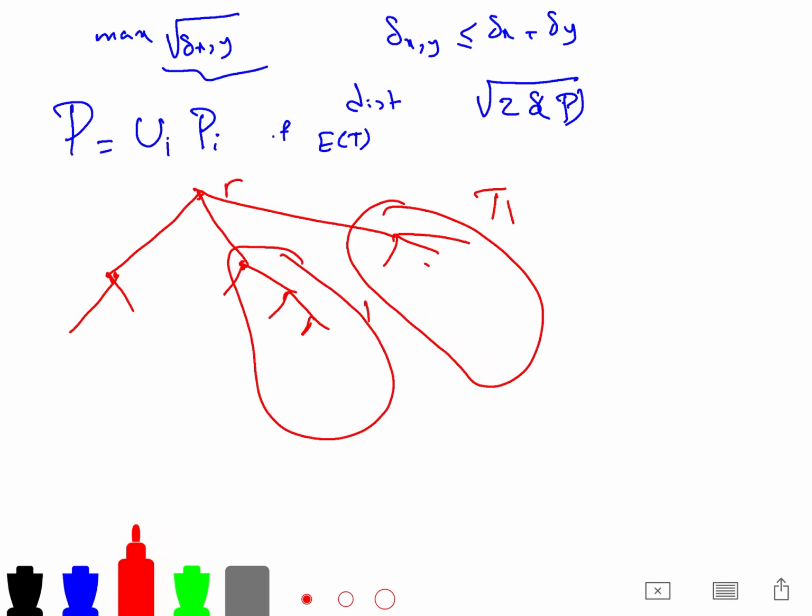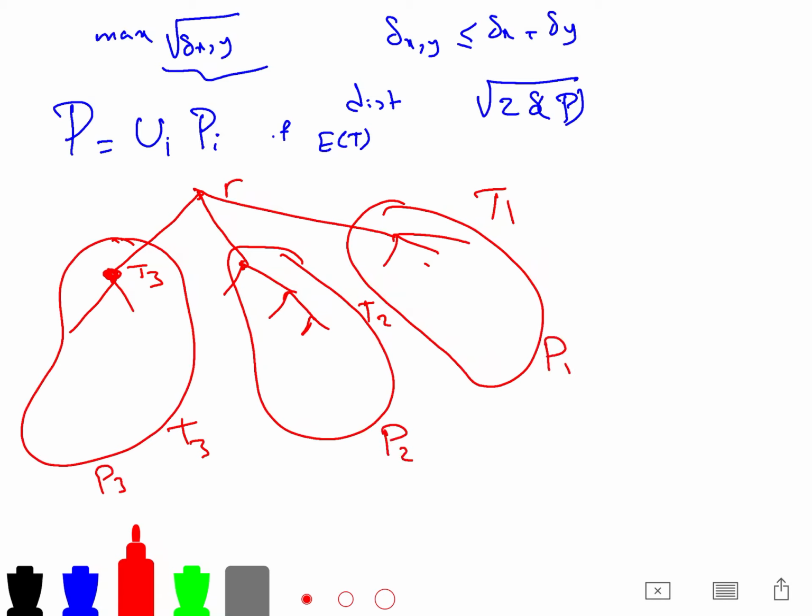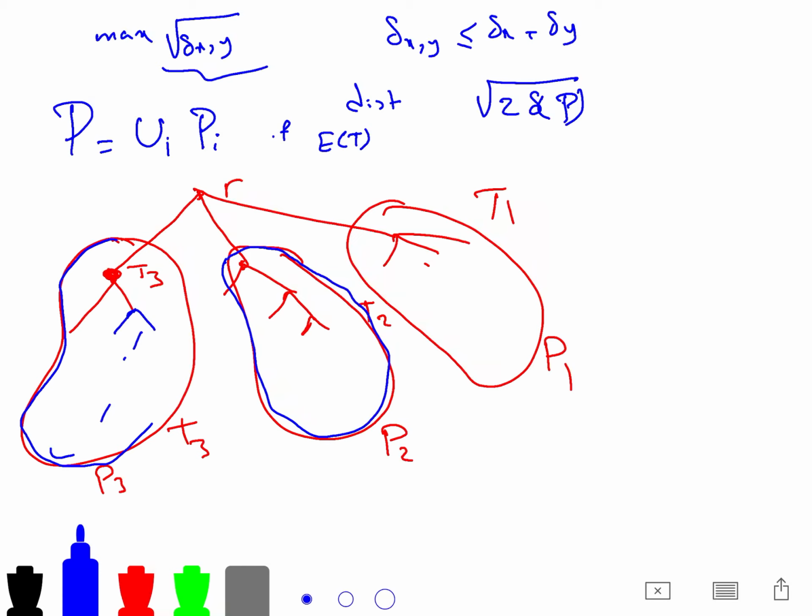The second tree, T2. So you have found a partition. T3 starts from this one. This is the root of T3, and this is called P3, this is P2, and this is P1. And so you have found a partition. Now you do the embedding in each of these partitions, 1, 2, and 3, and then glue them together. So this is the idea.